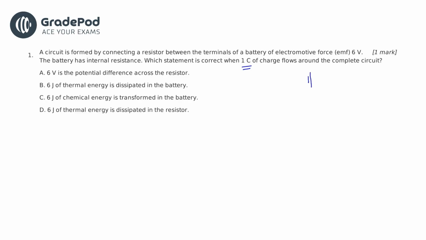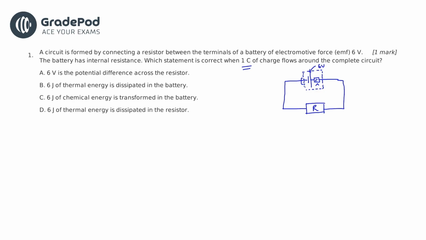So we have the cell that's got some internal resistance, and that's connected to a resistor. Let's say resistance R, and that's resistance small r. This can be representative of the cell with the internal resistance, and the cell has an EMF of 6 volts.